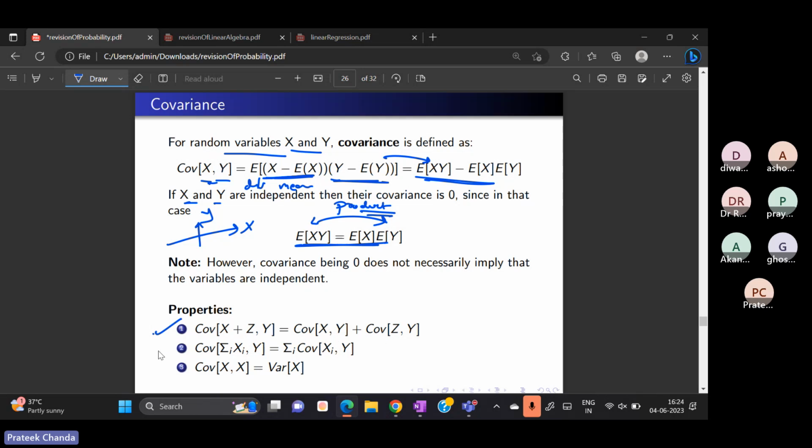Again, I'm skipping these things because it's easy to see. You can just write it down and check for yourself. It's just going from the first principles. You can apply this and achieve this result. So yes, this is the covariance part.